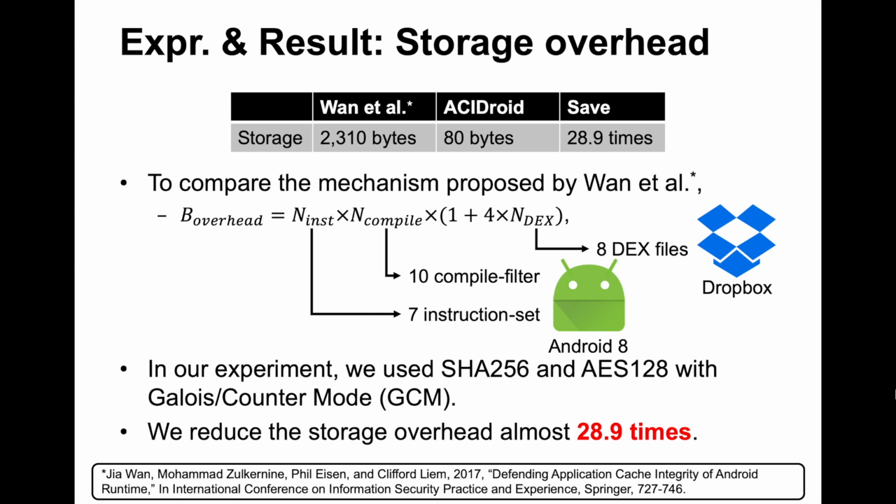And last, the target devices are 7 instruction sets. Using the equation, we obtain the storage overhead is 2310 bytes. On the other hand, our system needs 80 bytes only. We reduce the storage overhead by almost 28.9 times.